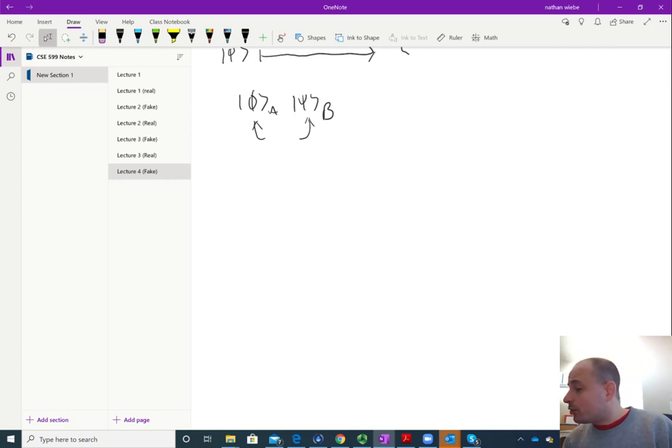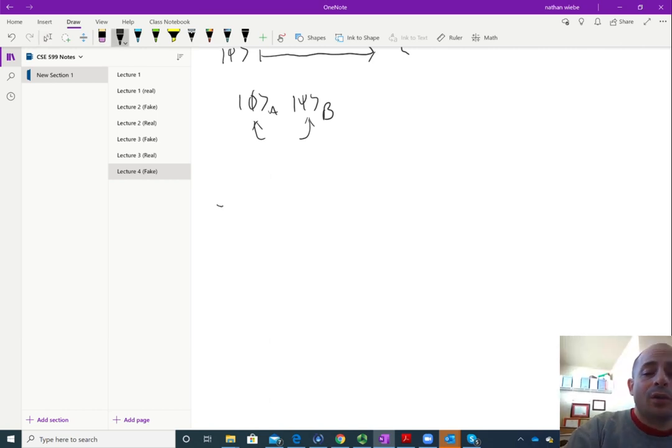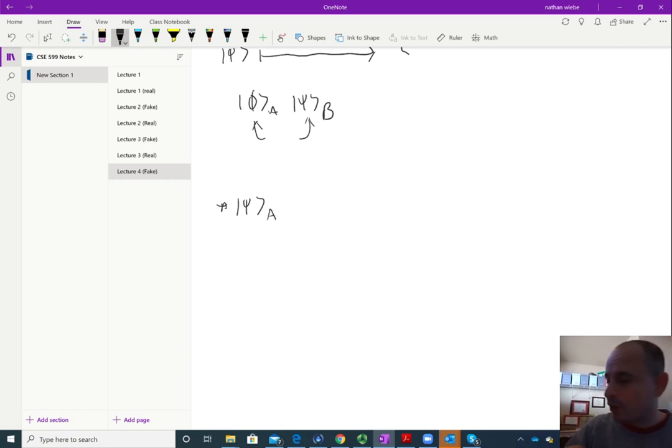So, the quantum teleportation protocol looks as follows. Let me draw it a little bit differently. We begin the protocol with Alice holding an empty qubit and Bob holding an empty qubit.